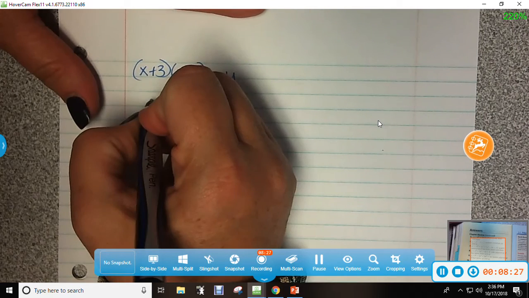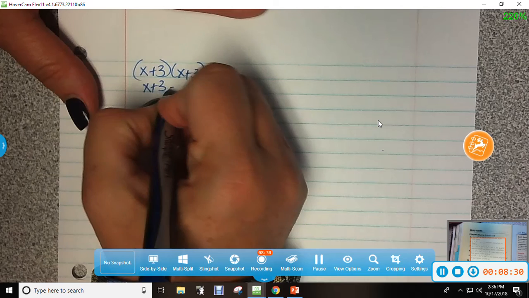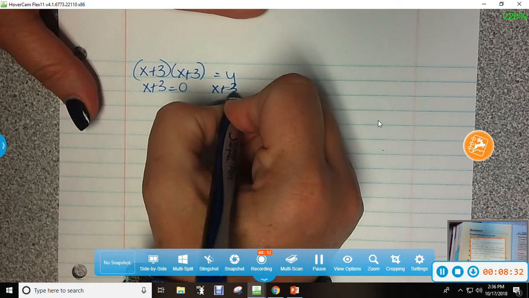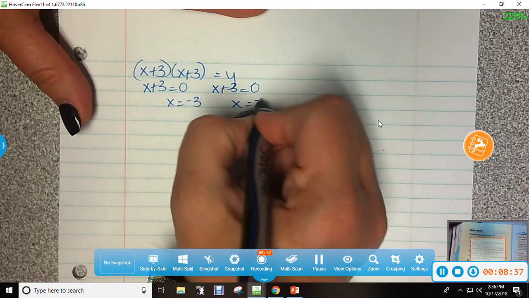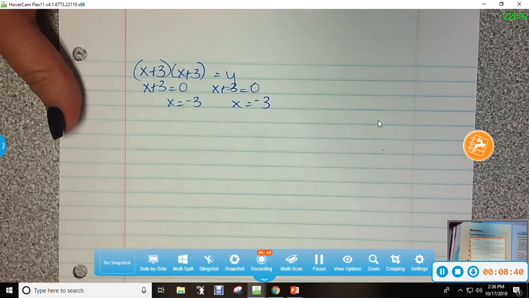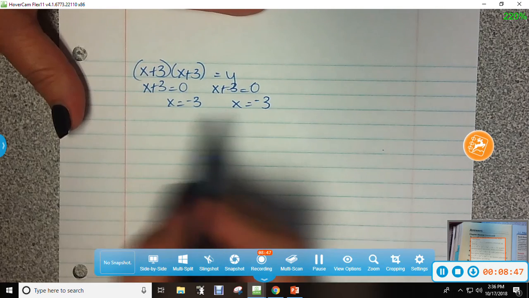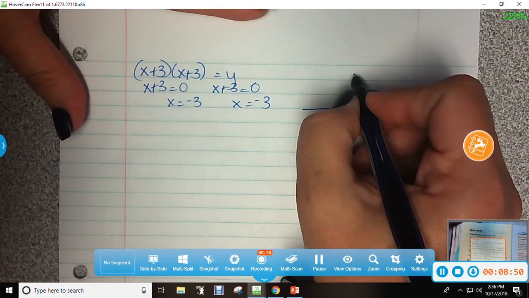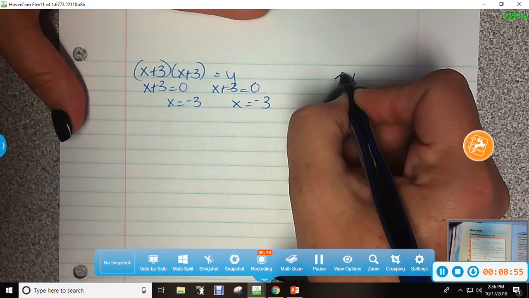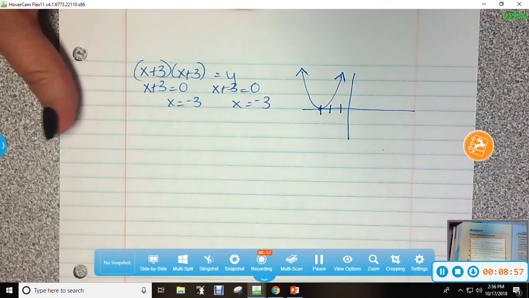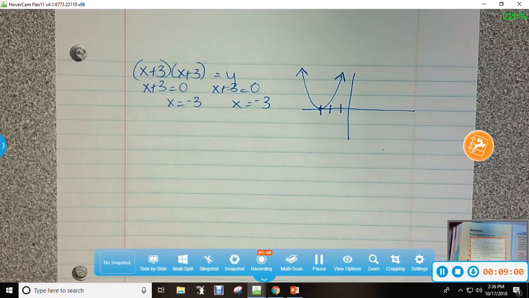So that when we solved it, set each of those equal to 0, I ended up with the same answer twice. In Chapter 4 we called that a double root. That's the same as having a multiplicity of 2. It's just new terminology. And when it was a double root like that, remember the only place that graph would touch the x-axis would be at -3, and you can see that it bounces off the x-axis there. It's just a new way of looking at it.